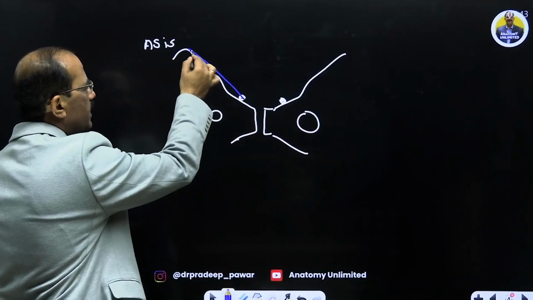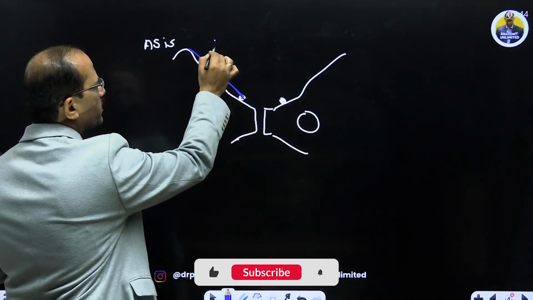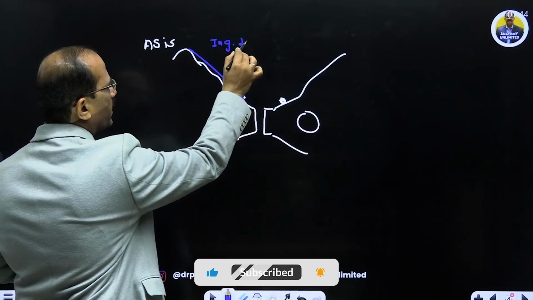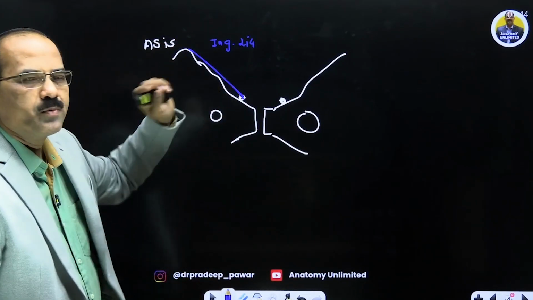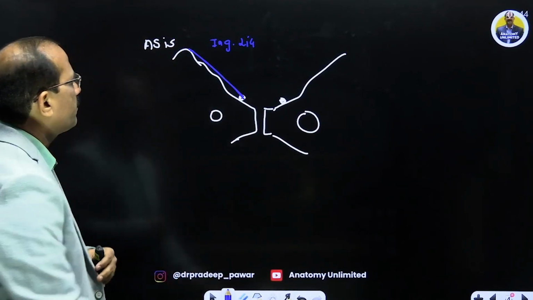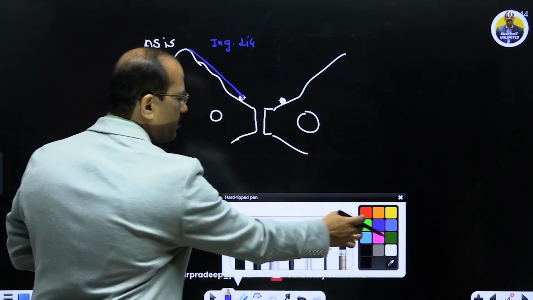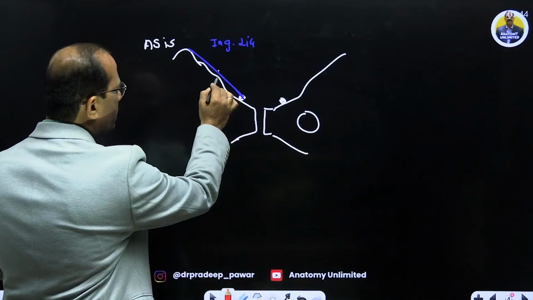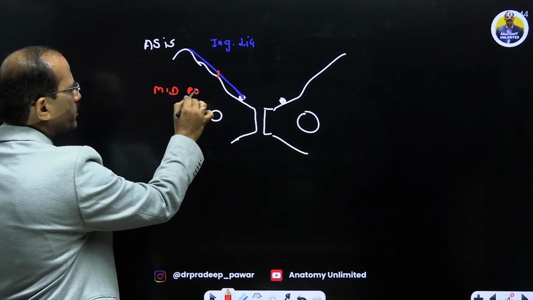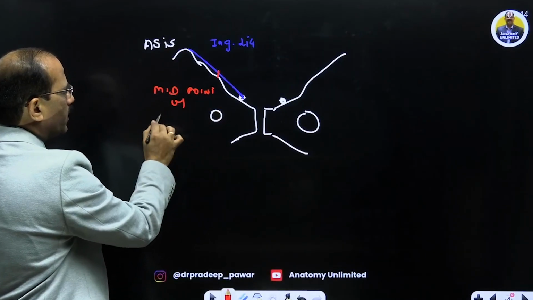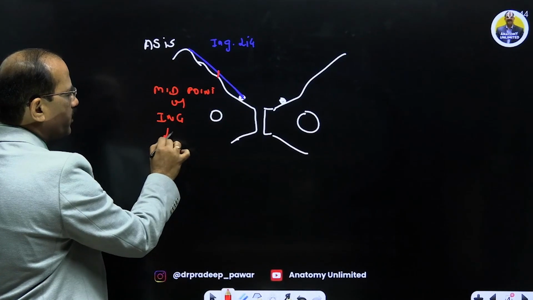That's the inguinal ligament. Anterior superior iliac spine to the pubic tubercle, that's the inguinal ligament. इसका midpoint is the midpoint of inguinal ligament.